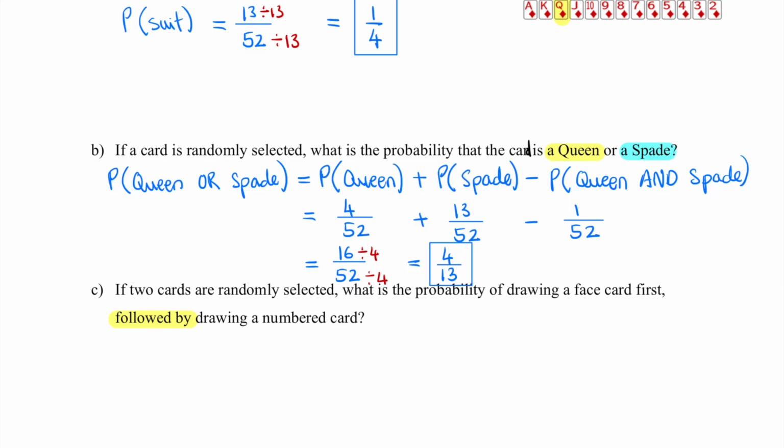We want to find the probability that our first card is a face card and our second card is a number card. So the probability that the first card is a face card and the second card is a number card equals the probability that the first card is a face card multiplied by the probability that the second card is a number card.